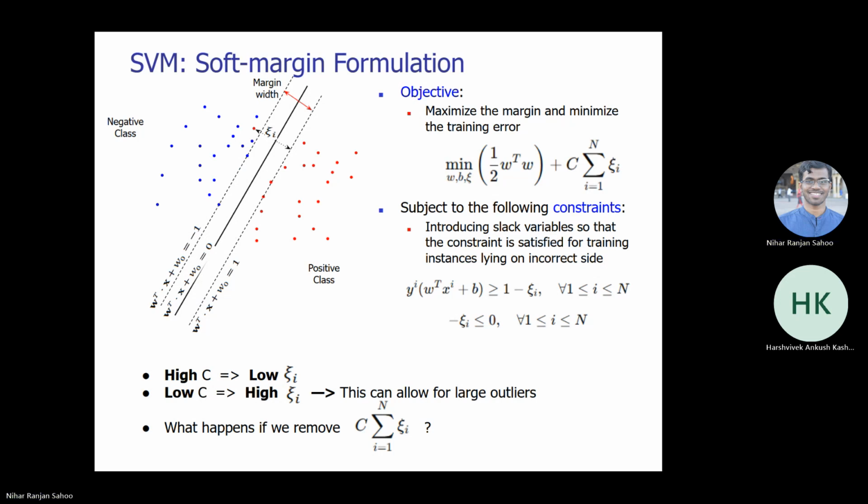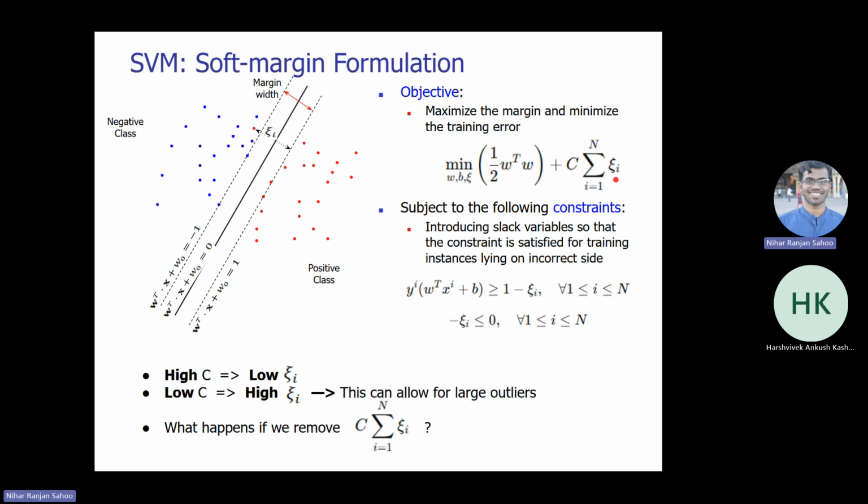Okay, so now let's see what this C is. If you visualize this minimization closely, we have to minimize both terms, W transpose W by 2 and the xi term. What happens if C grows very large? Because the overall goal is to minimize this, the algorithm will automatically force xi to be a very small value.